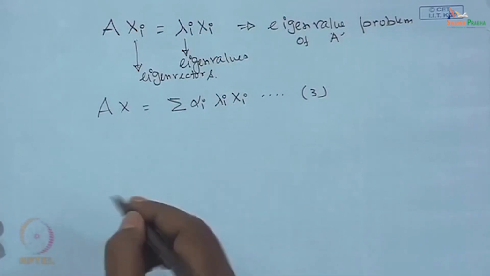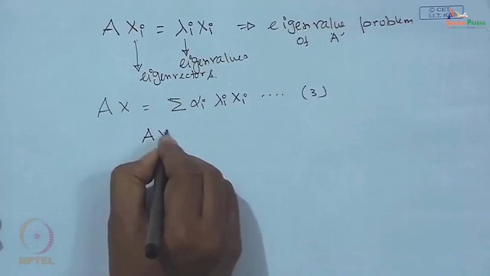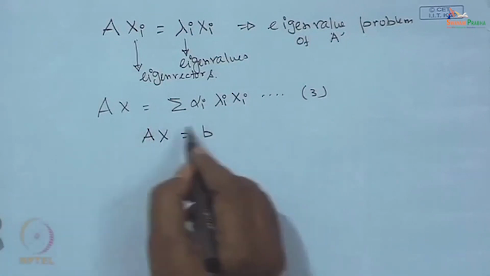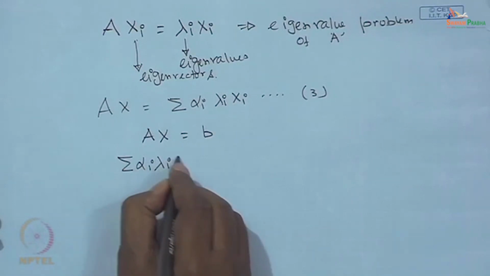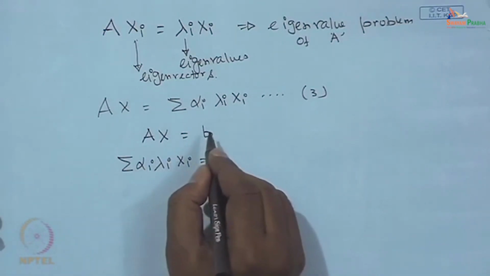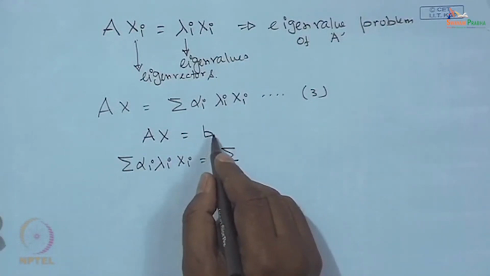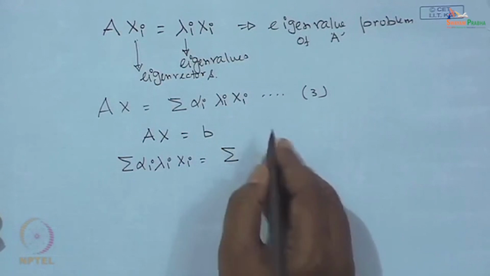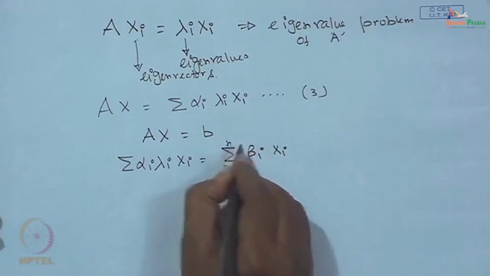Similarly, if you remember, our original problem was a set of non-homogeneous equations, A x is equal to b. So we just substitute A x by this equation. This will be the summation of alpha i lambda i x i, and b, from equation number 2, we have written as a linear combination of the eigenvectors x i, which is the summation of beta i x i, where the index i runs from 1 to n.